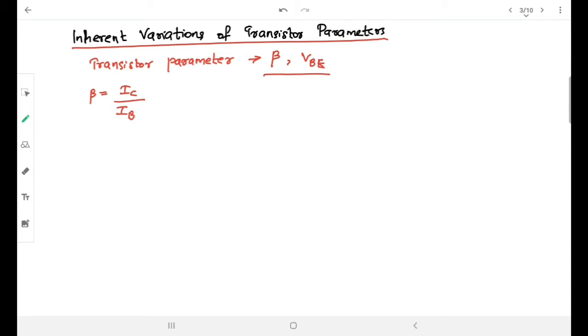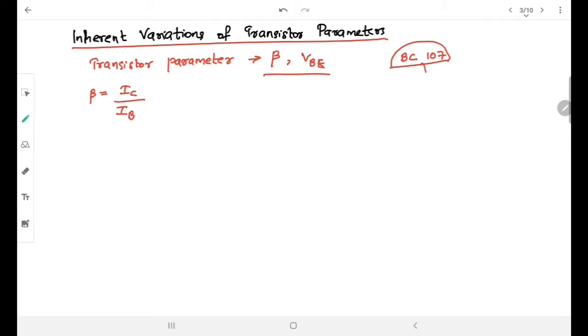What do we mean by the same type? Suppose I am using a transistor BC107. This transistor is used in our lab for doing experiments with transistors. So BC107 is a type of transistor used in the lab.